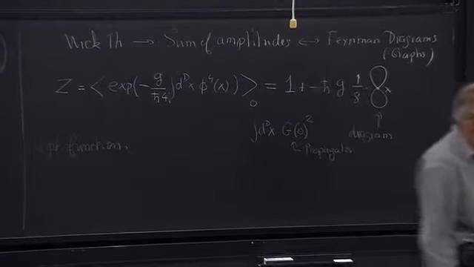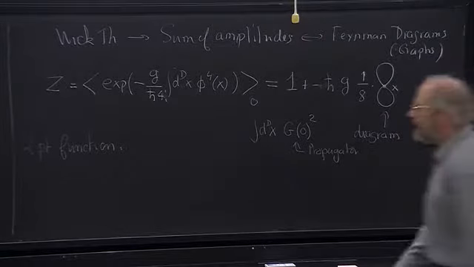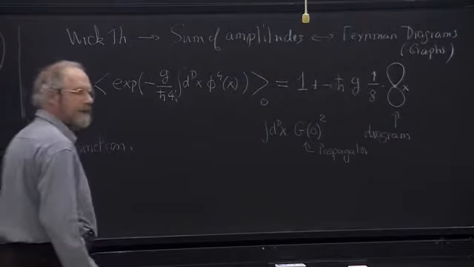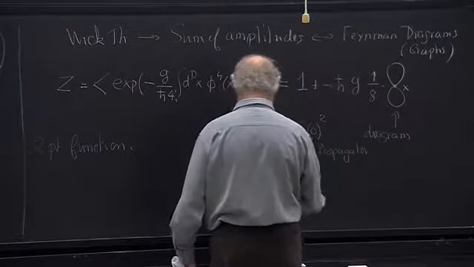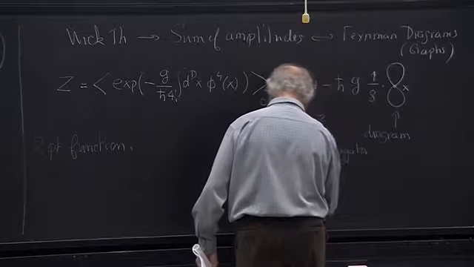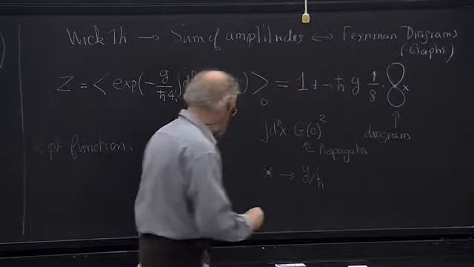Yes? Where exactly does the h bar come from? The h bar comes from the fact that in the action there is a g over h bar. And remember, for each vertex there is a factor g over h bar per vertex. Okay?